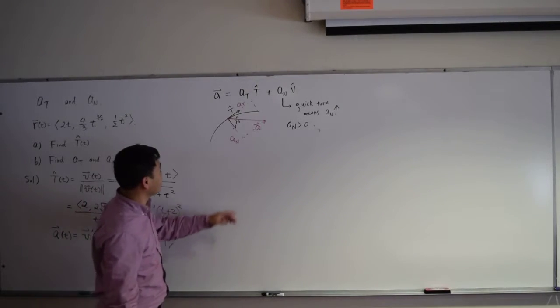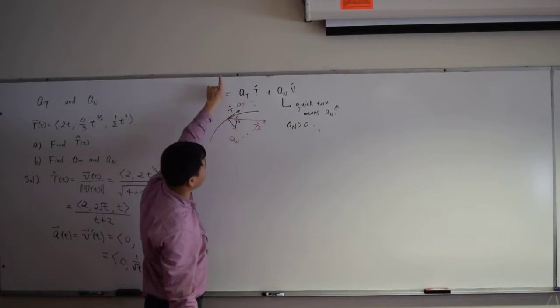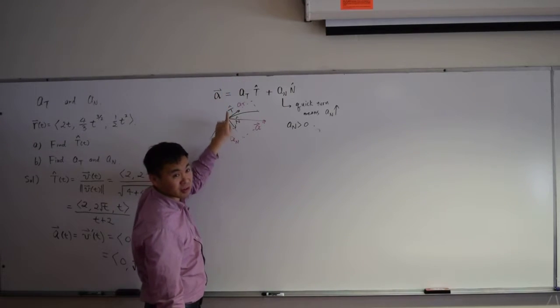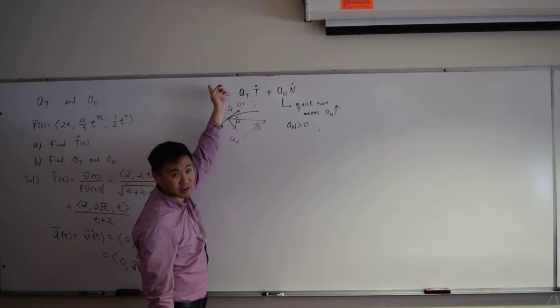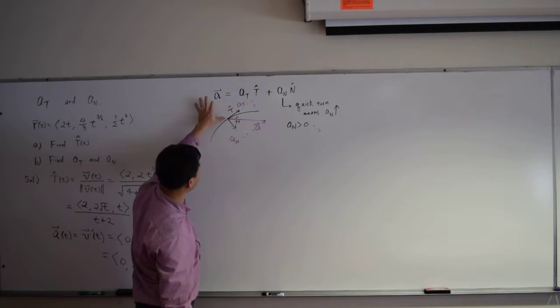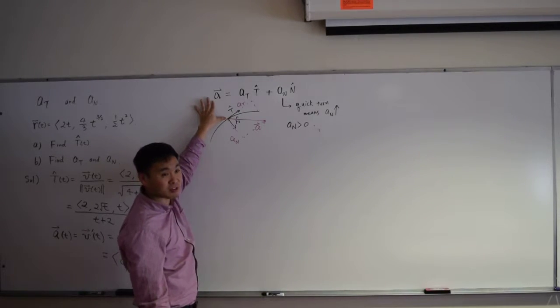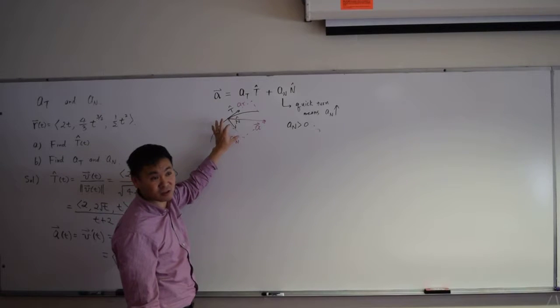I mean, if you have this picture, you can't have any acceleration going that way. That doesn't make sense. If acceleration is going that way, it should be bending that way, right? If acceleration is that way, then if you project it to N, the AN will be this much, which is negative, right? But that never happens. That's what I'm trying to say. AN has to be always positive.